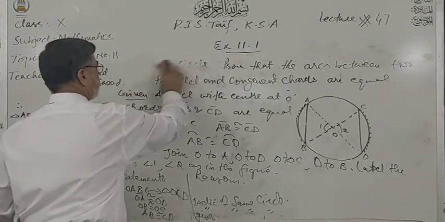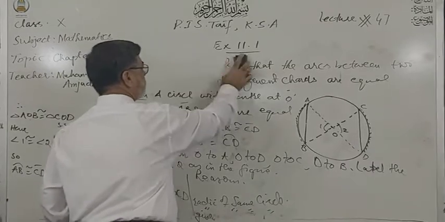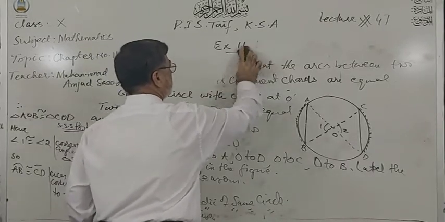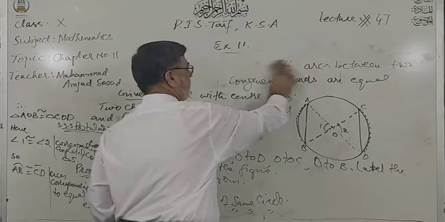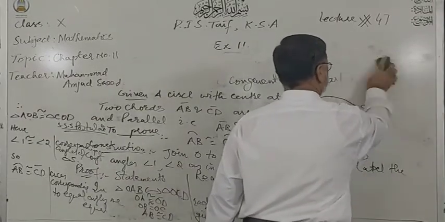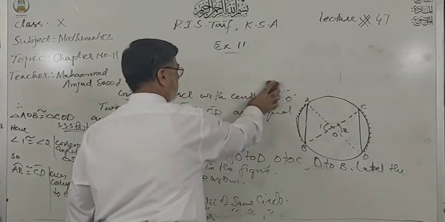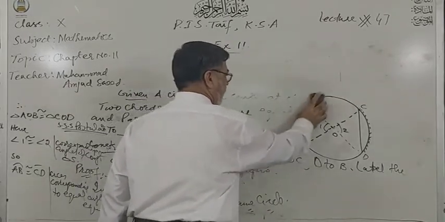Here is the concept of radian measure of angles. We have that. And what is meant by radian angle?